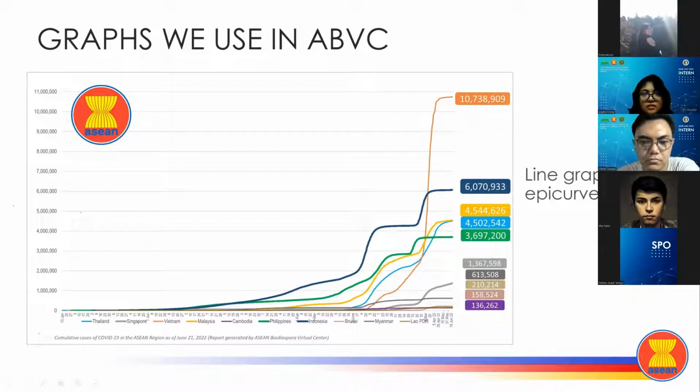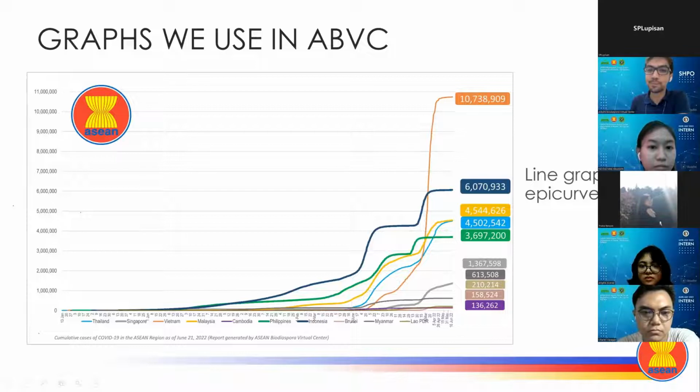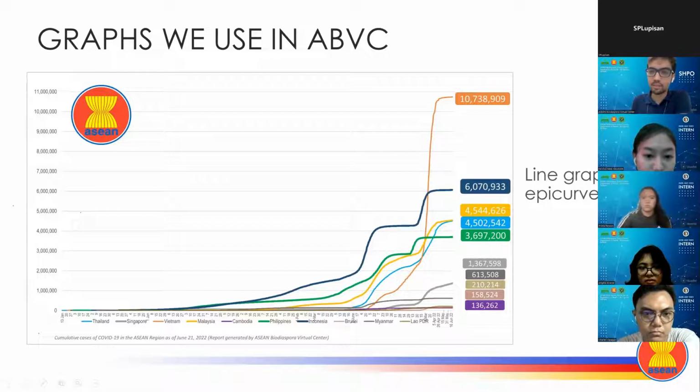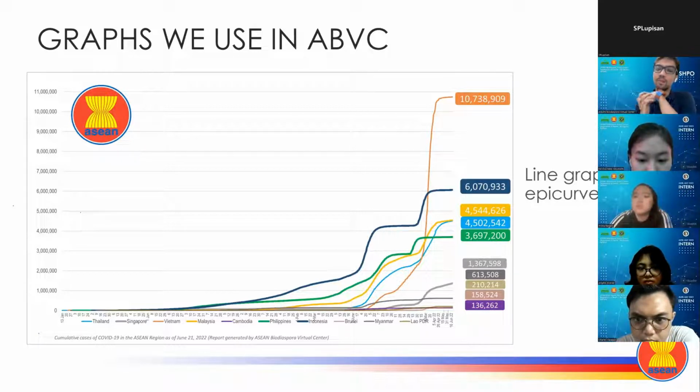You can look at the table, the table of cases and deaths, and look at the case fatality rate, and the vaccination coverage, the fully vaccinated. Actually, this table is quite complete.